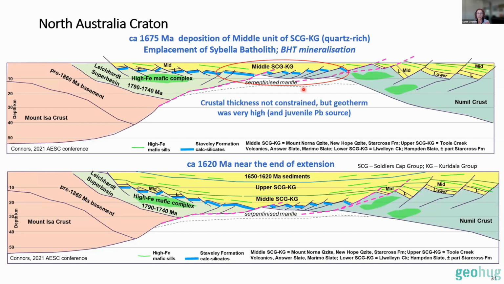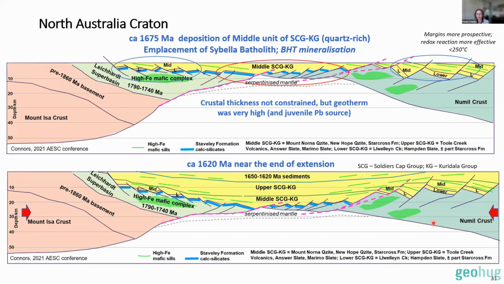I've got no way to constrain it, but the geotherm was very high, and we have that juvenile mafic input, and we also see that in the lead source at Cannington. Obviously, heat flow in this central area is going to be too high. You're still going to have to be off on the margins in terms of prospectivity for even Broken Hill style mineralization.